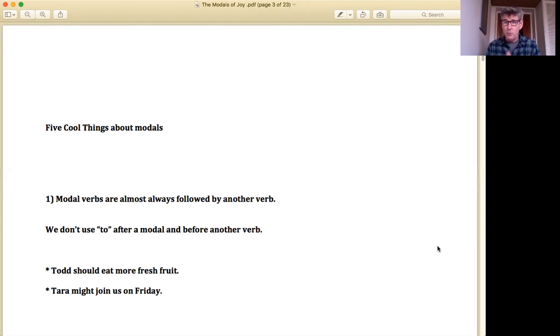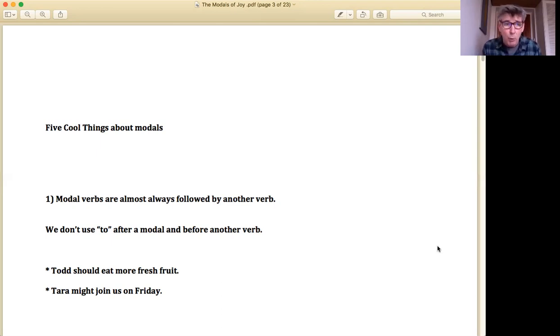One thing you want to remember, it's something we don't think about, is that modal verbs are always followed by another verb. So it's always like would go, should live, could buy, might believe. Now, if it's a short answer, like, no, I couldn't, that's different, but that second verb is still connected to the sentence, even though we don't say it.